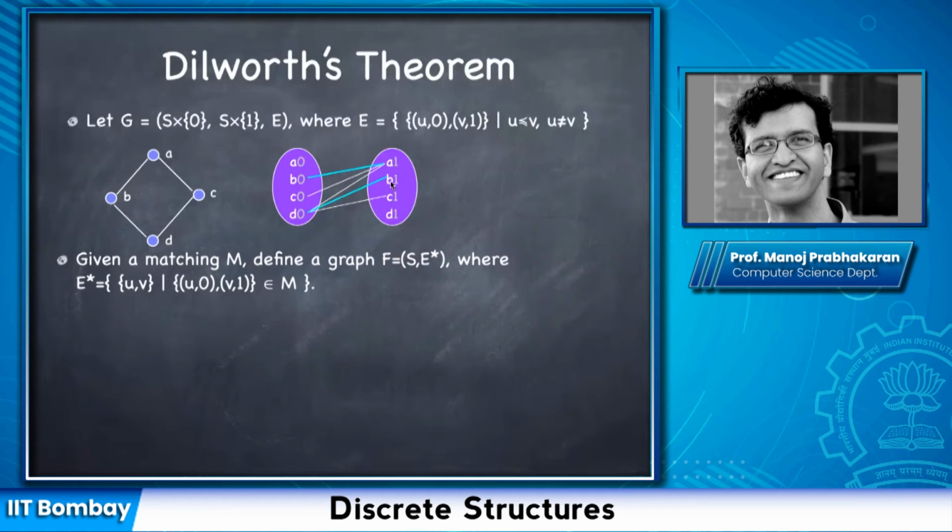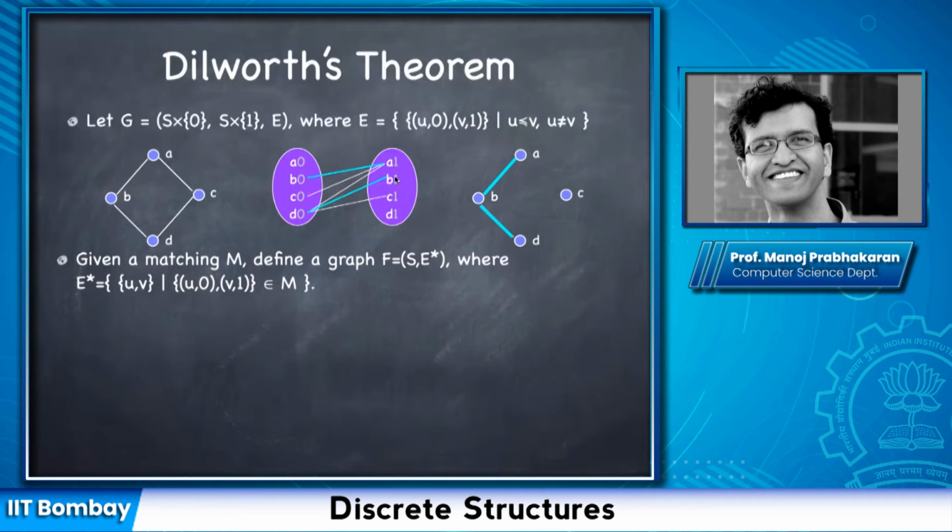Suppose there's a matching that only has B0A1 and D0B1. When I construct my graph F, I have only 4 elements, A, B, C, D, which I've drawn here. And what are the edges?